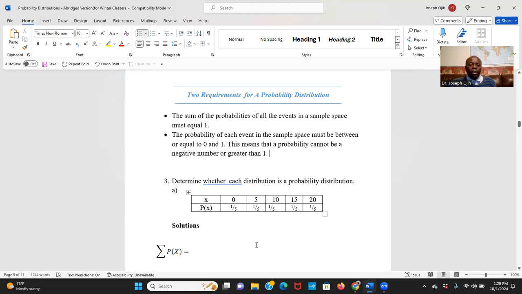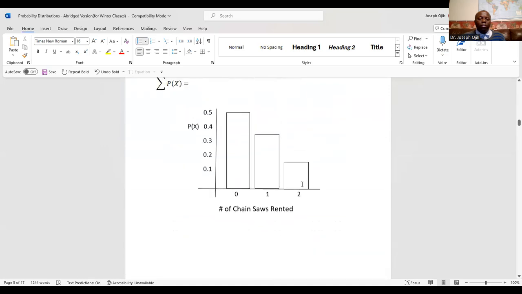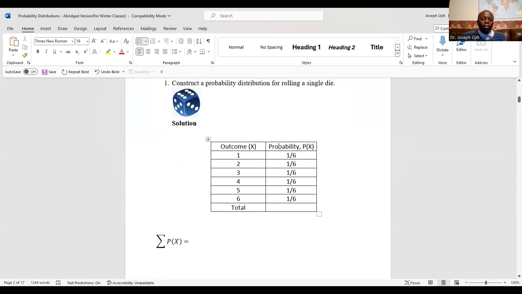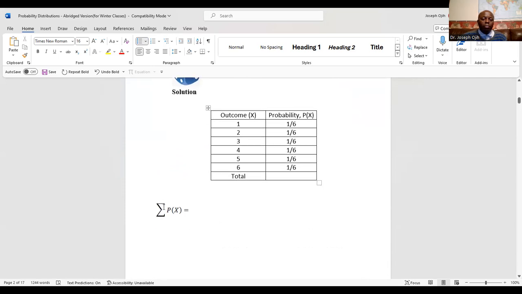What does that mean? Now, we look at what we have done so far. Starting from this first one, this symbol means sum of.